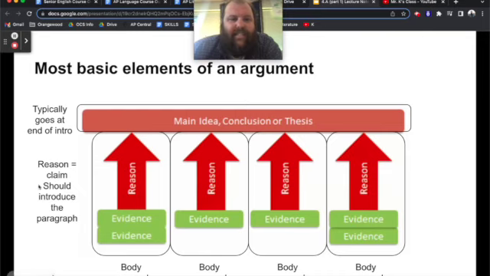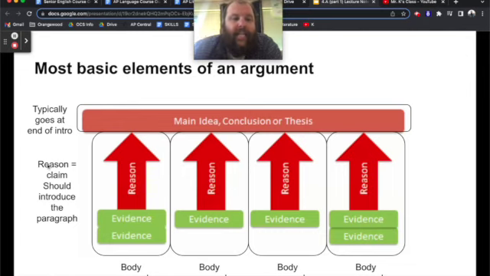This is our full picture of an argument and how it's developed and structured. We have our main idea, conclusion, or thesis at the top. This typically goes at the end of the intro. Down here, in our last lecture, we talked about these being our body paragraphs, our reasons, and our evidence.